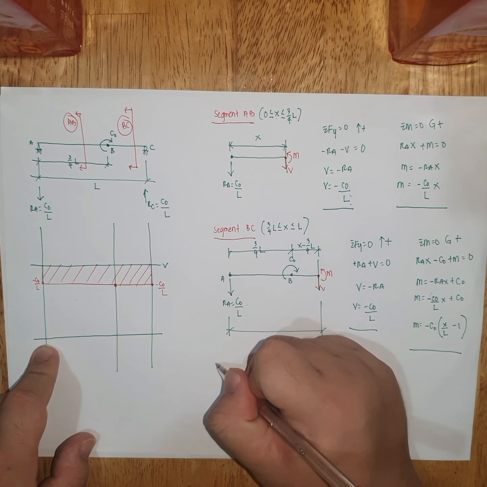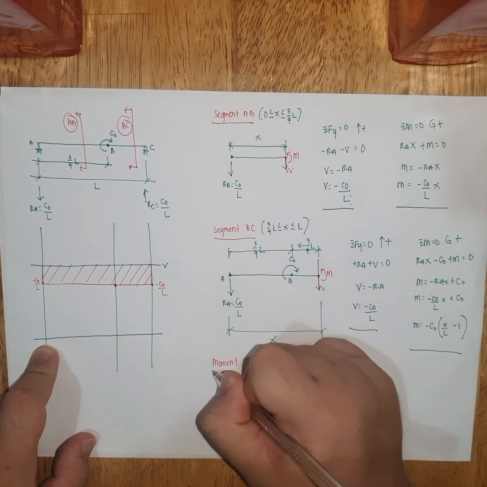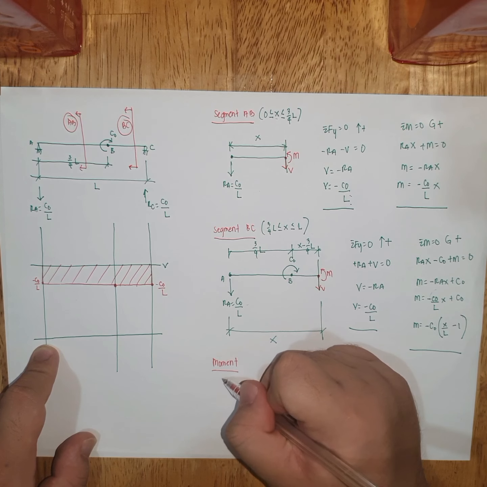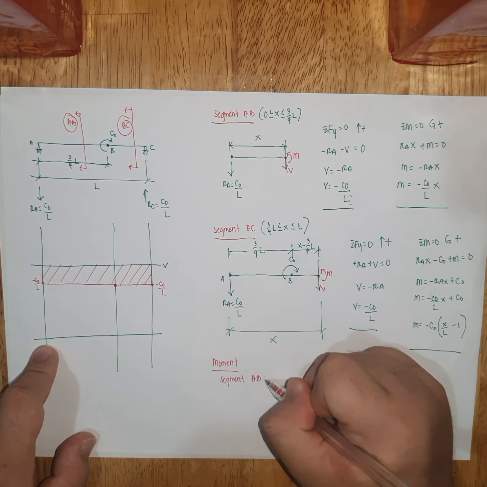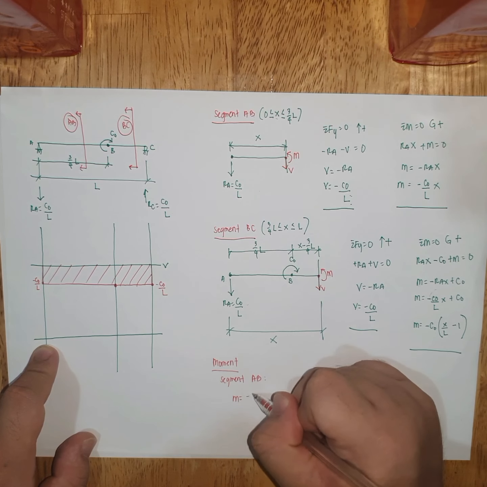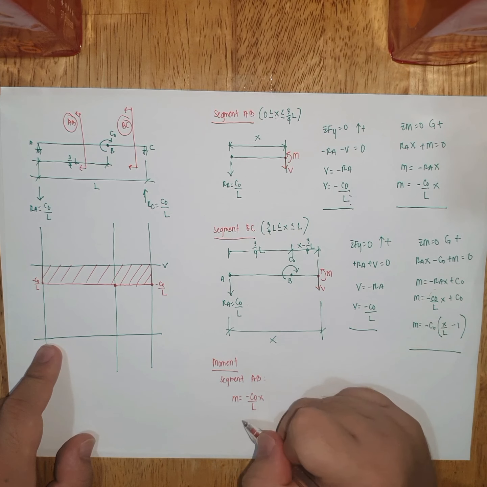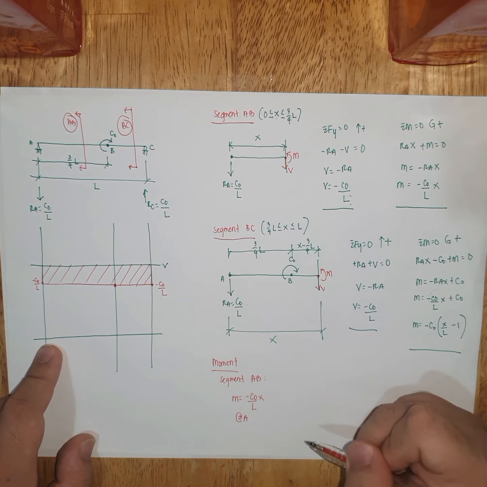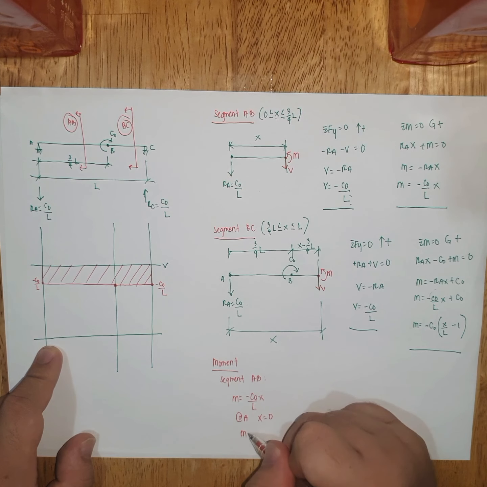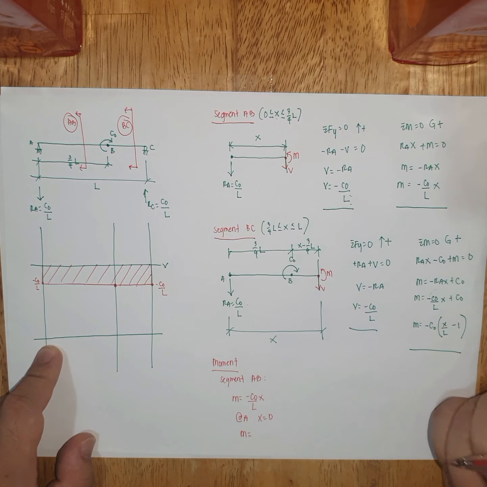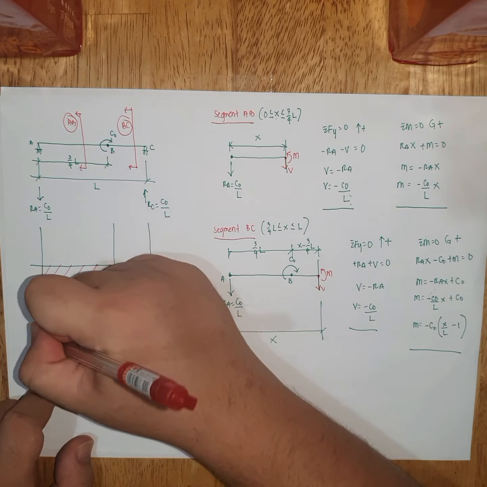So sa moment, yung segment AB, moment natin is equals to negative C sub O over L times X. Okay, so kung at A, ang X natin is equals to 0, so ang moment natin will be, so any number multiplied by 0 ay 0. So ito yun, 0.